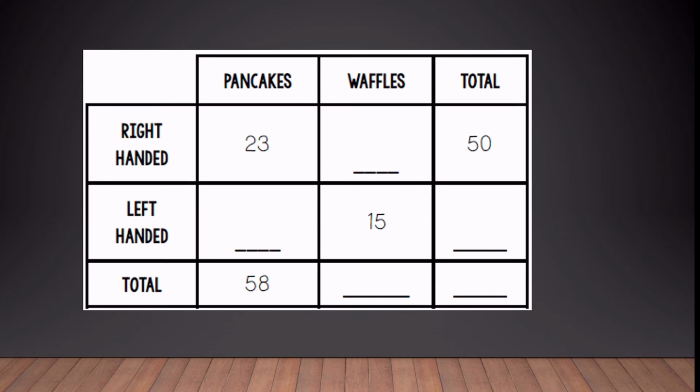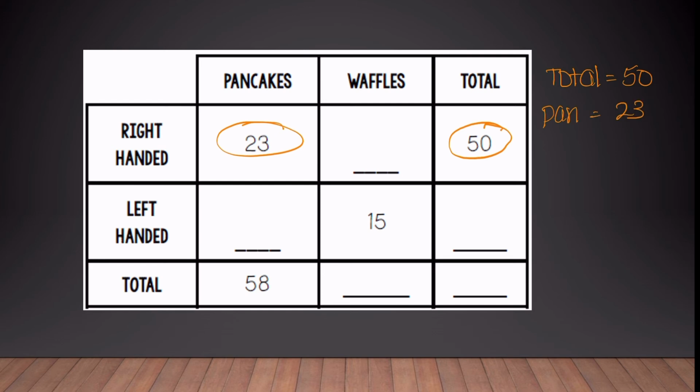Here's what I want to do now. Let's complete this table, except we kind of have to think different. I know my total here is 50, and that of my right-handed, there were 23 that liked pancakes. So how can I figure out how many waffles there were? If I have my total, which is 50, I know pancakes was 23.